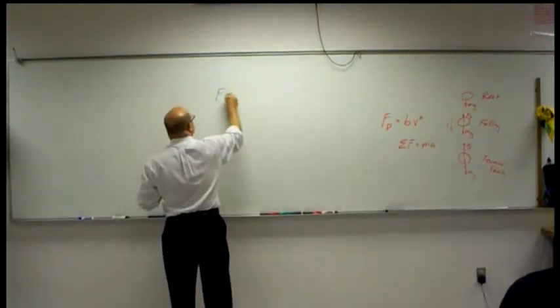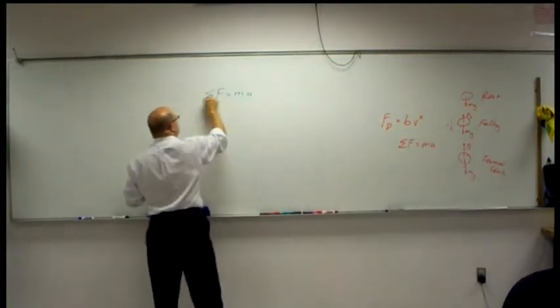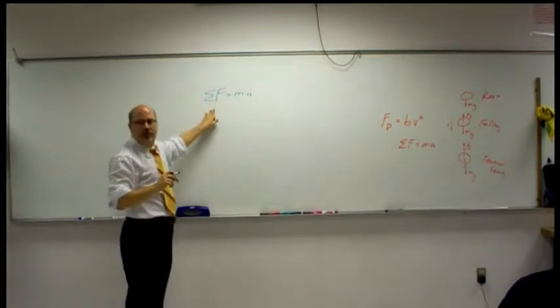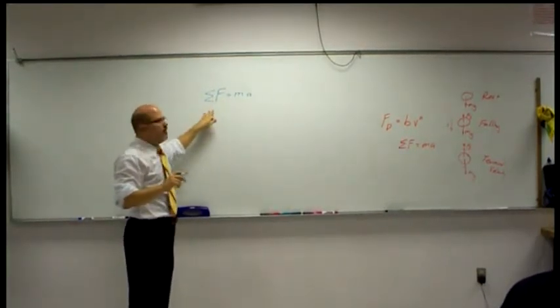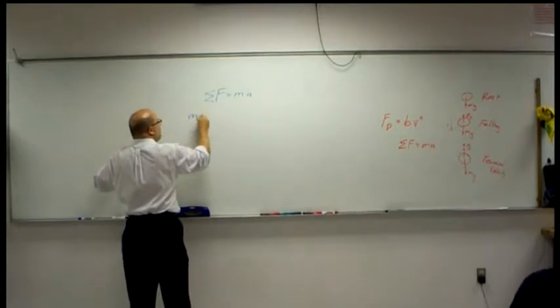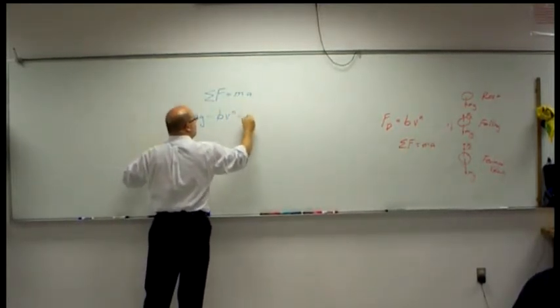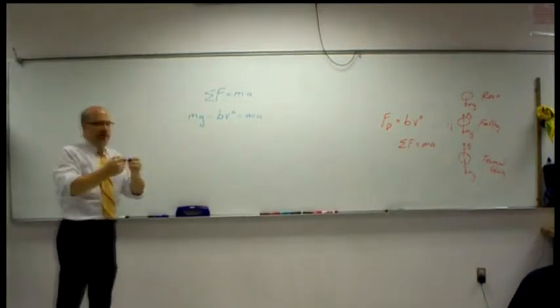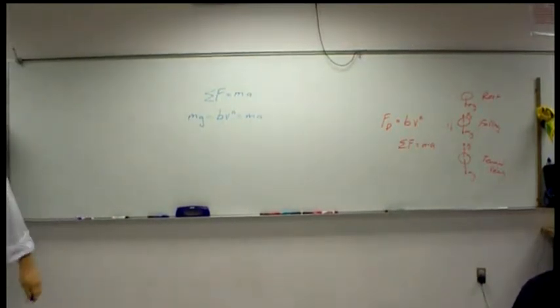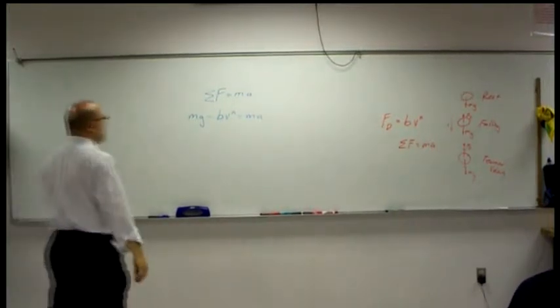What does it look like? mg minus b v to the n equals ma. Does anybody see the difficulty we're going to have solving it? Velocity changes. As velocity changes, your acceleration changes.